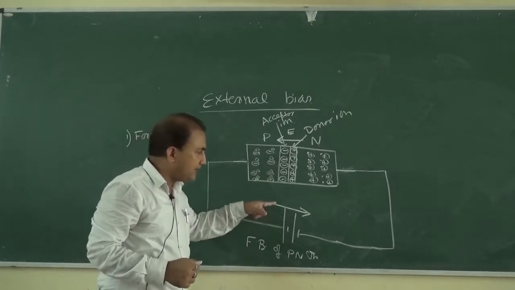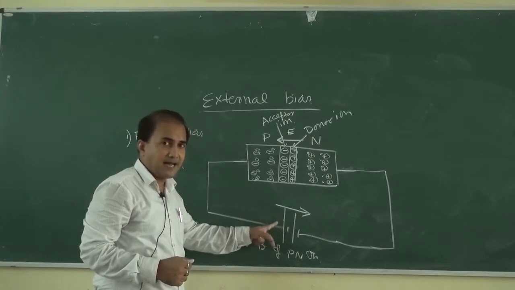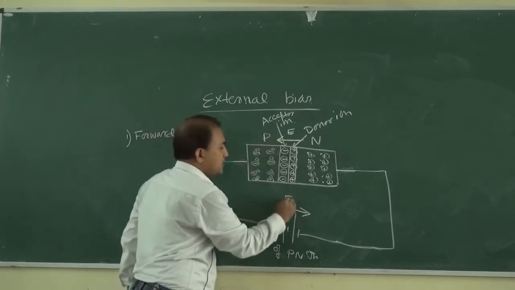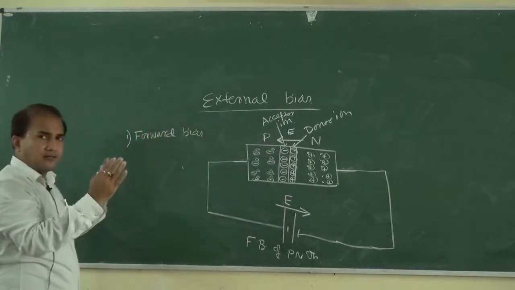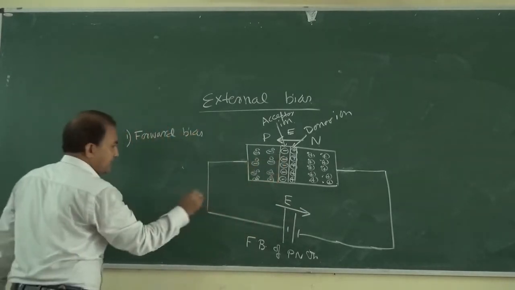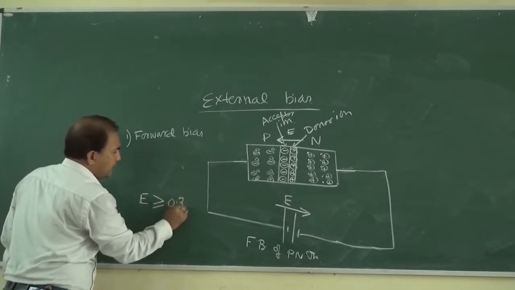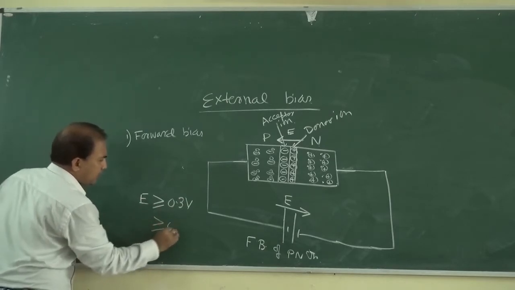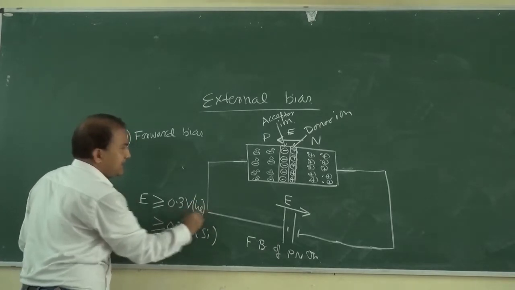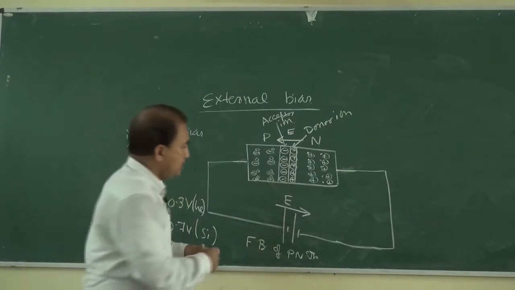The external bias field is opposite to this electric field, so the depletion region starts decreasing, once E is greater than or equal to 0.3 volt for germanium, or 0.7 volt for silicon.